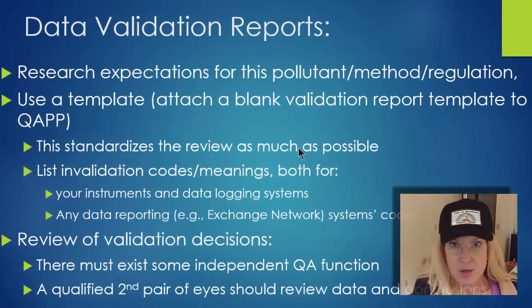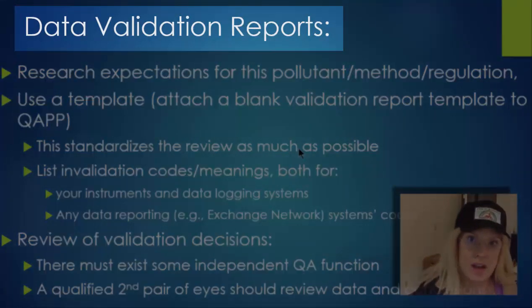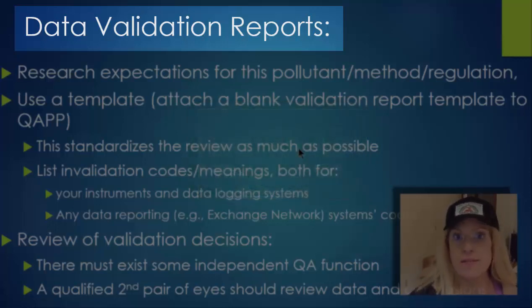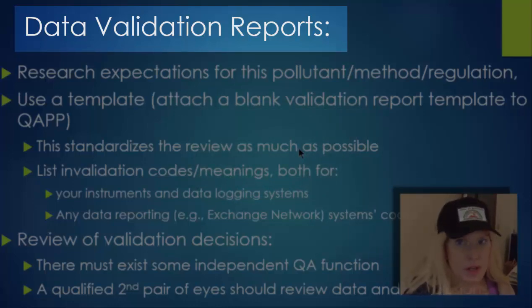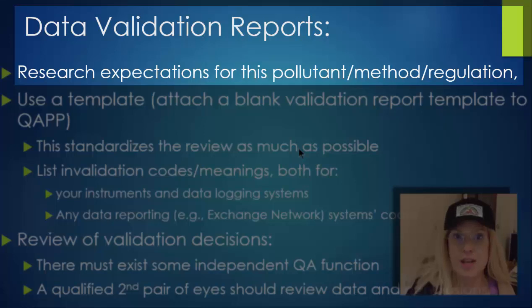Data validation reports. These are very important because these document basically what data you have judged to be valid and what data you have judged to be invalid and why. So there are going to be other people monitoring for this same pollutant with this same method, and they're going to be going through the same exercise.